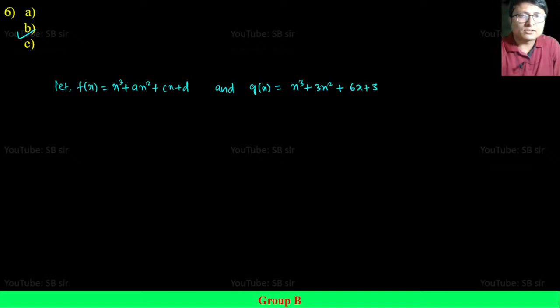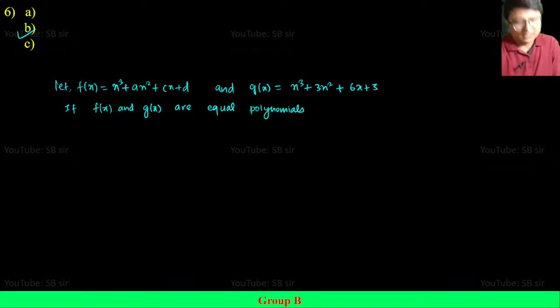Such polynomials might be given, and the question may state that if f(x) and g(x) are equal polynomials, find the value of a, b, c, and d. Such questions might be asked. So be ready with such questions also. I think b is not there, just a, c, and d.